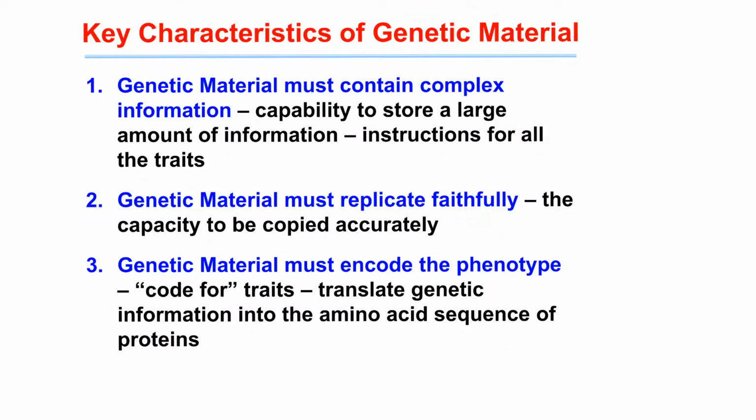The first question I would like to ask is, what are the key characteristics that genetic material has to possess in order to serve as a blueprint for constructing or for coding for all forms of life?